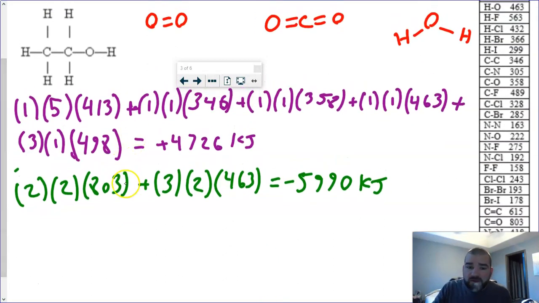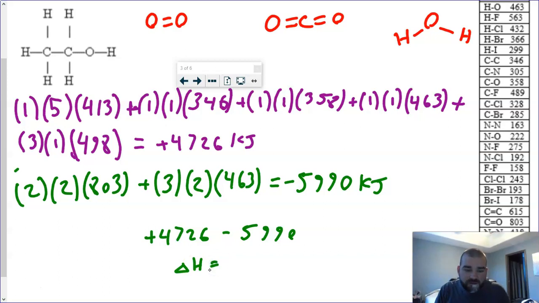Now, we have the enthalpy of the reaction is that plus this. So I have a positive 4,726 minus 5,990, and my total of the enthalpy of the reaction is a negative 1,264 joules.